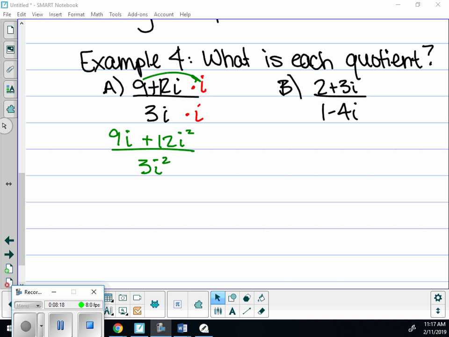And the reason that helps me is because i squared equals negative 1. So I have 9i minus 12 divided by negative 3.